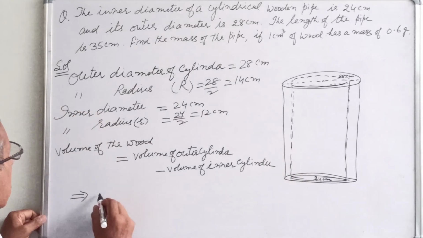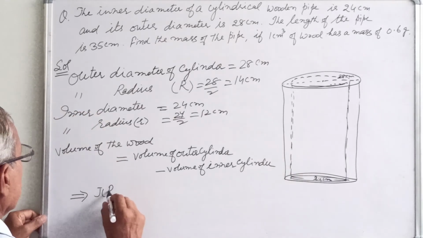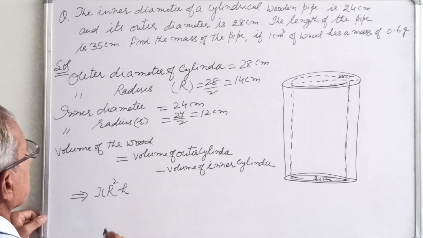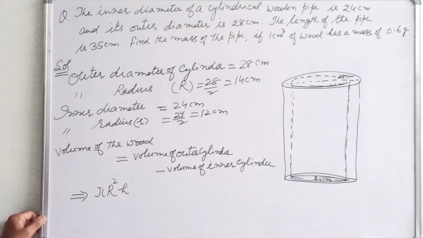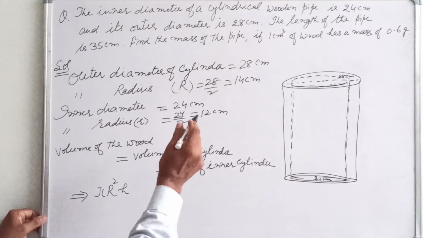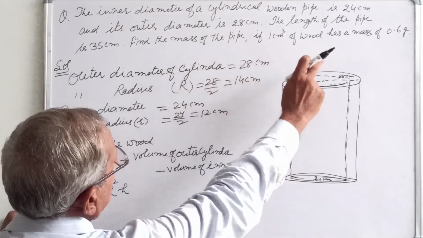So that will be pi capital R square H. We also have to write the length of the pipe.